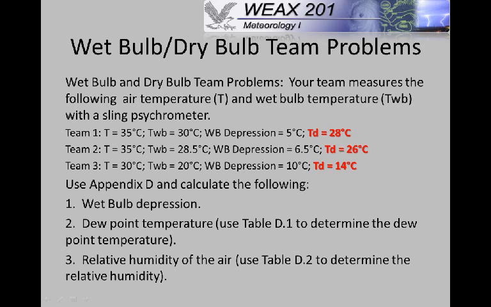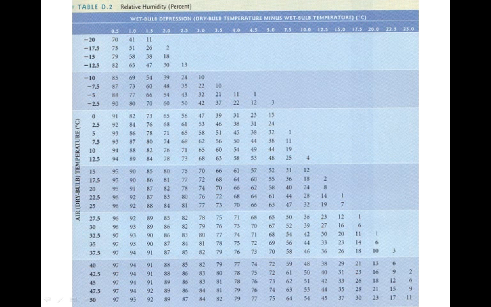Now that you have the temperature and the dew point, you can go back and you can use table D.2 to determine the relative humidity. This is just another chart, another way of computing relative humidity. If we look at table D.2, on the left side of the graph, we have once again the air temperature in degrees Celsius.